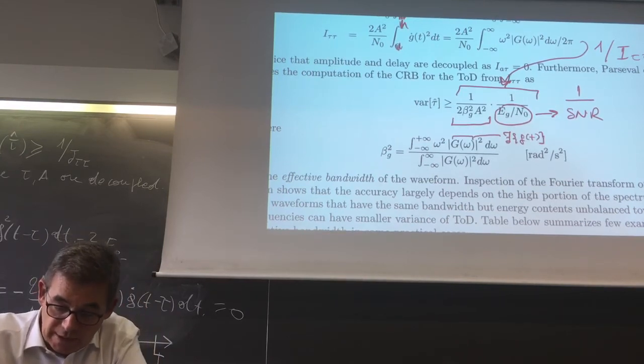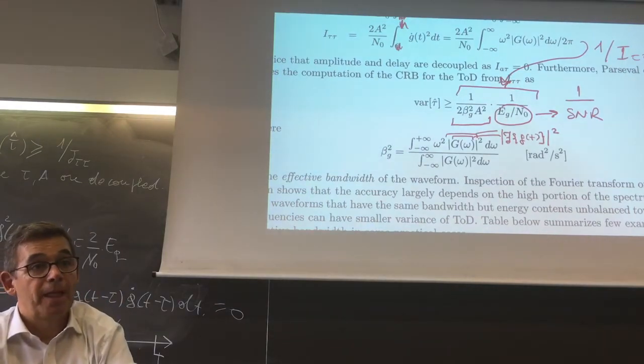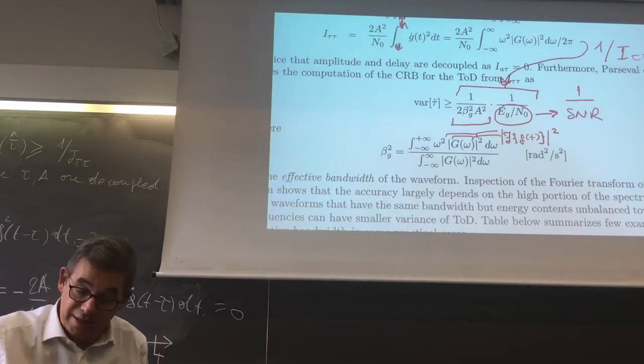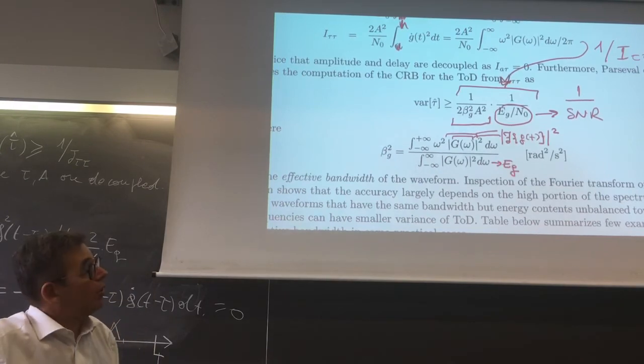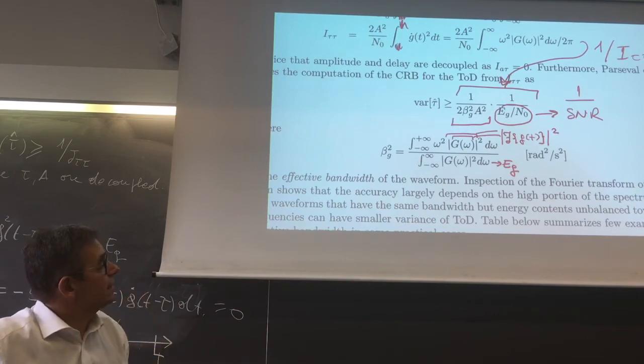So this one is the absolute square, then multiplied by omega squared, and the denominator is the energy. Now, why is it effective bandwidth?